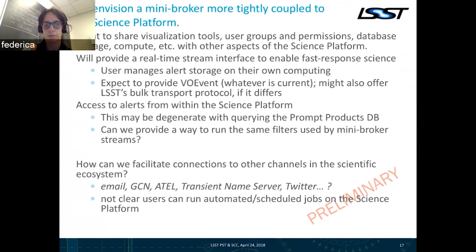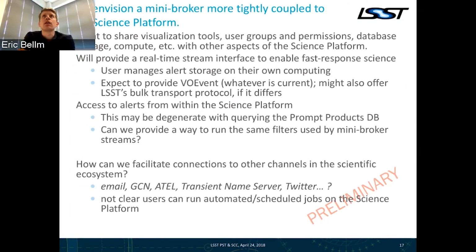Sure. There's a few different ways of answering this question. Let me walk through them in turn. At a technical and policy level, a community broker is receiving something like the full LSST stream, but it's running on hardware provided by an entity that's external to LSST.